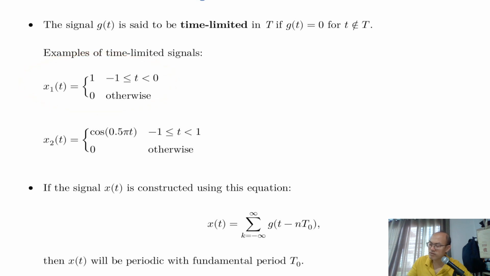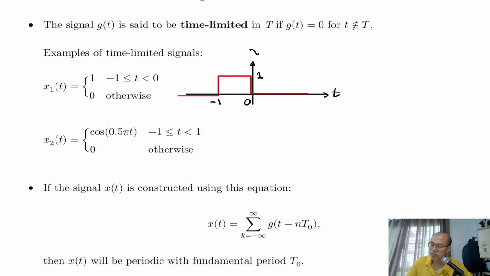If you plot this signal versus time, you see the value is 1 when time goes from -1 to 0. So -1, and 0, and the graph is 1.